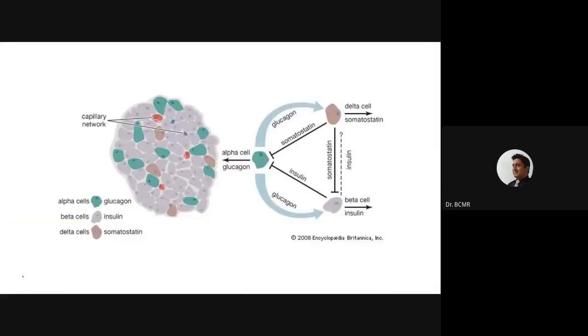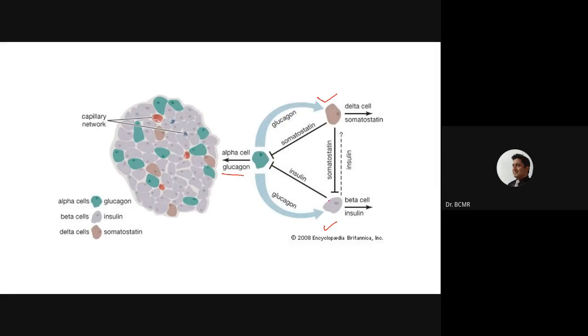There is also coordination between these cells about which should be produced when. If glucagon and insulin are produced at the same time, it's not a good thing for the body, because it confuses the cells about what to do. That would be a difficult situation. So there is coordination: when alpha cells secrete, the insulin may activate delta cells as well as beta cells.